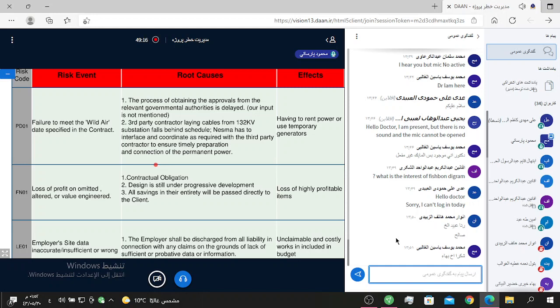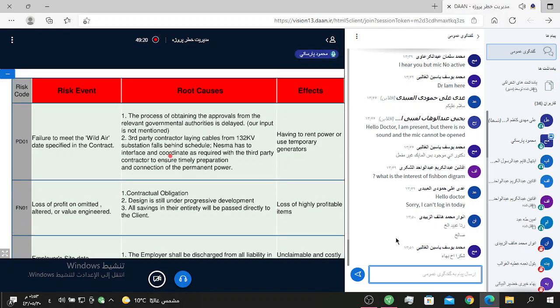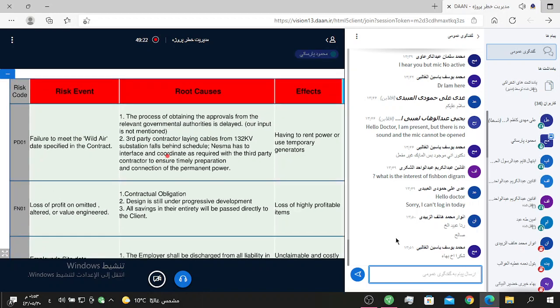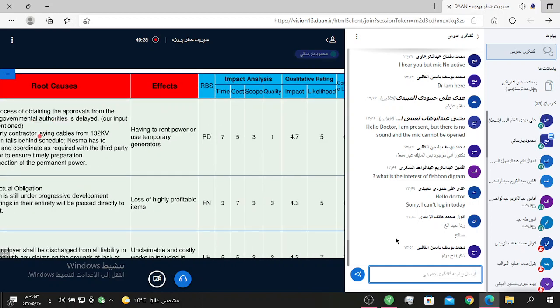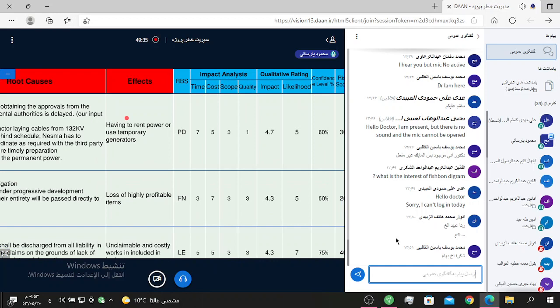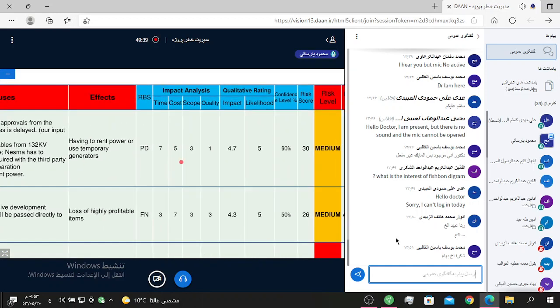And the second column is risk event. After that, root causes of any risk. After that, effects of the risk on our project's objectives. After that, the category of risk in our project.